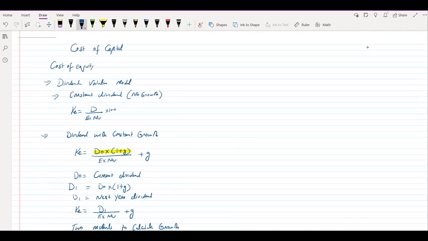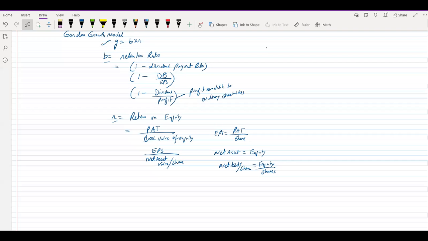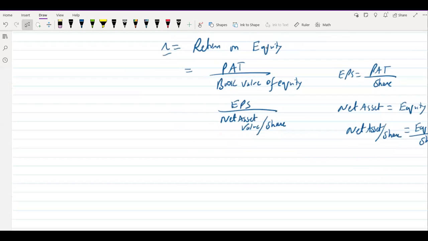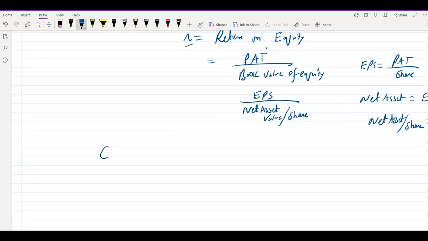So the cost of equity has two formulas. Let's discuss the cost of capital, cost of debt.